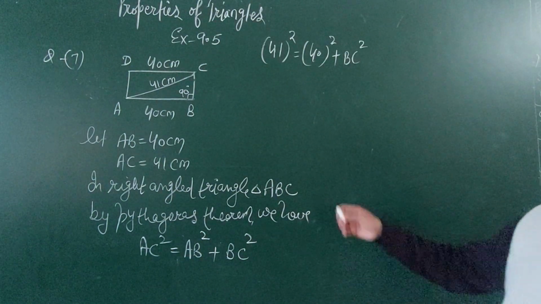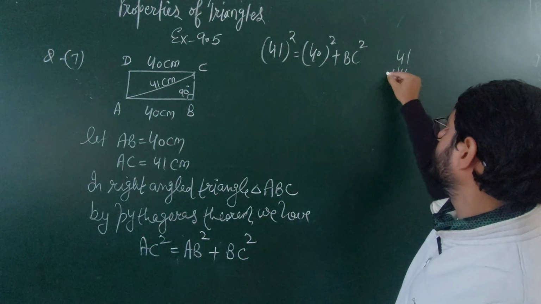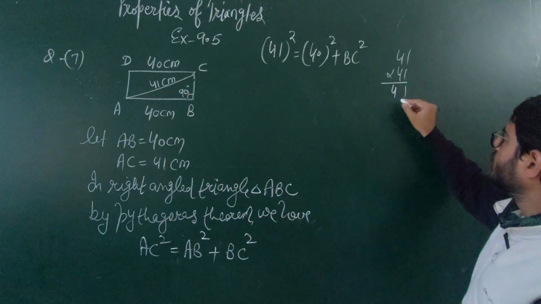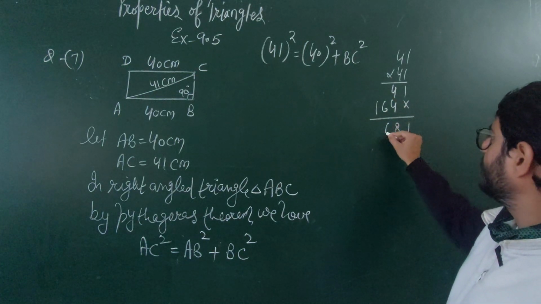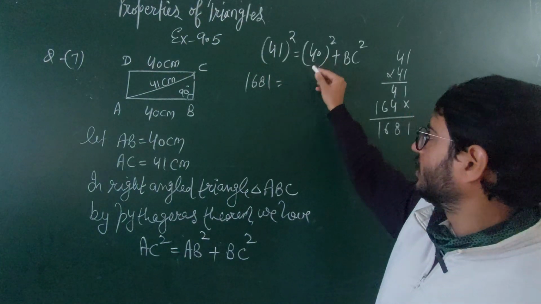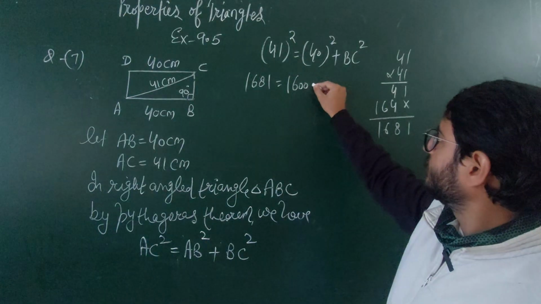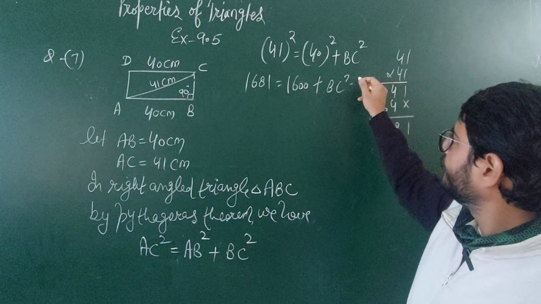Now we will find out the squares. 41 into 41 is 1681, is equal to 40 square, 1600, plus BC square.